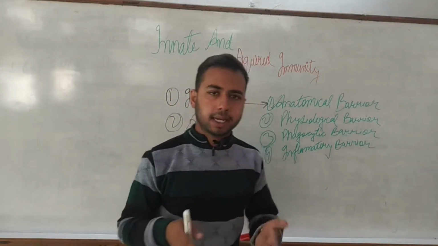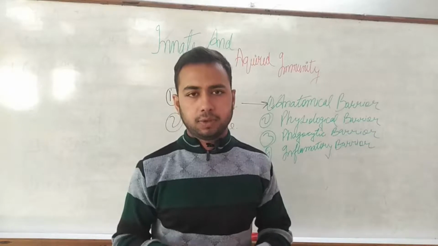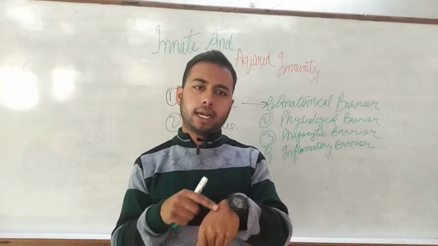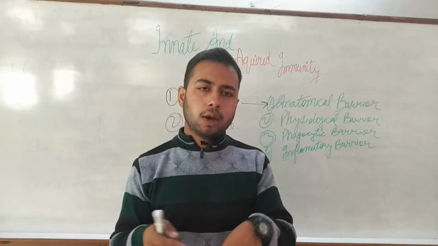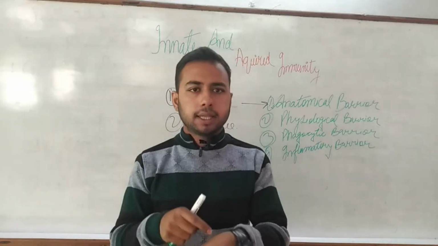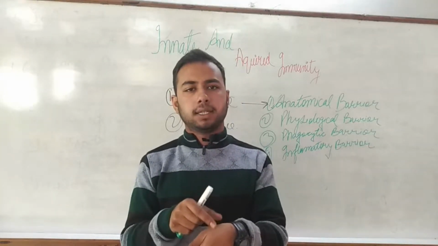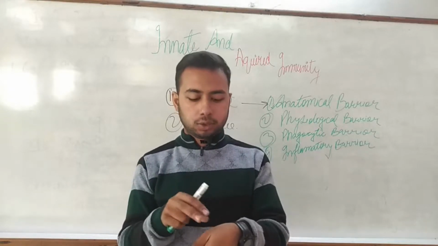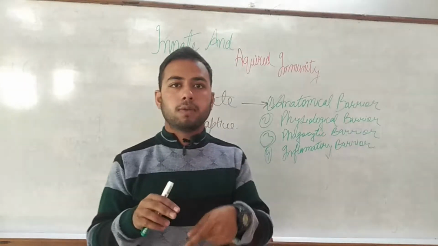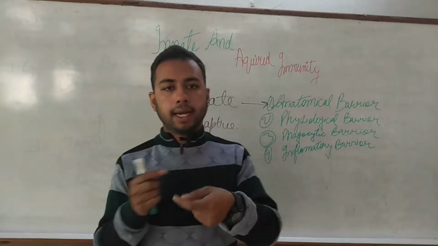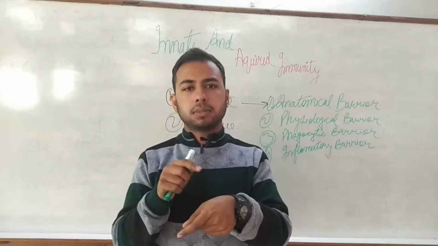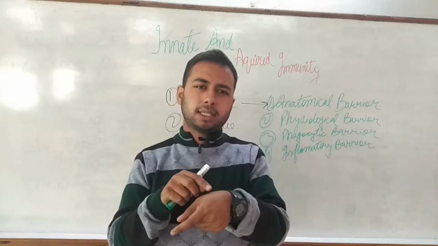The inflammatory barrier occurs when we get injured, for example I am hurt here and bleeding from the surface, or a honey bee bites my hand, and then there is swelling. There is a swollen area in my hand which is reddish and painful, just like a pillow.